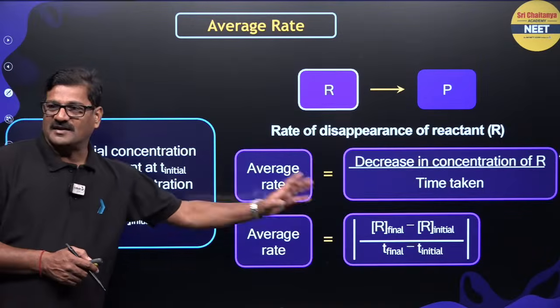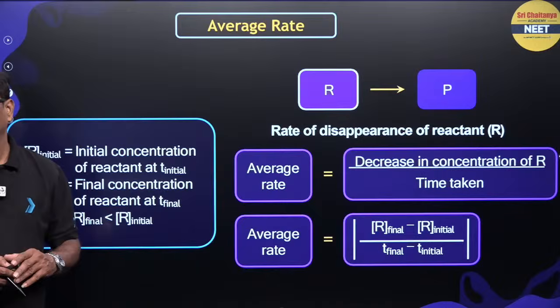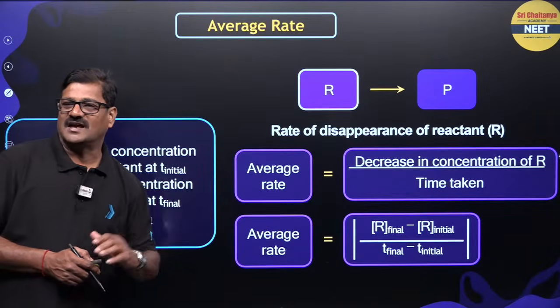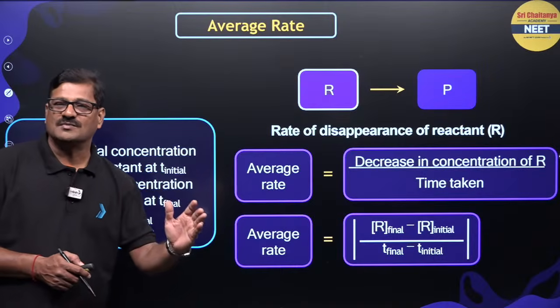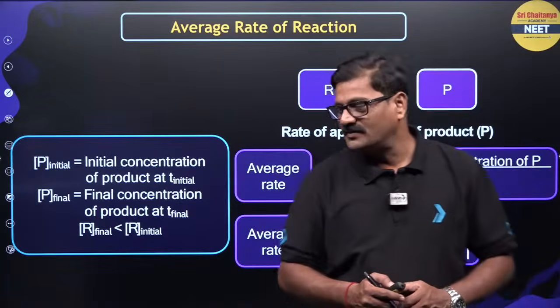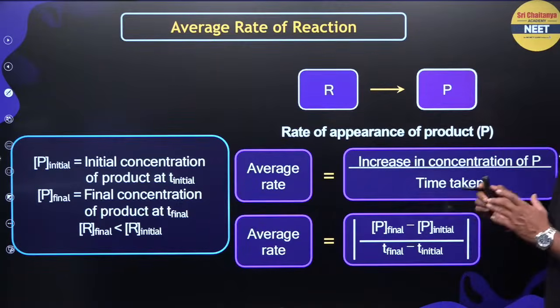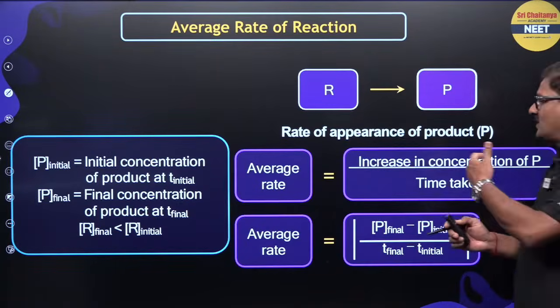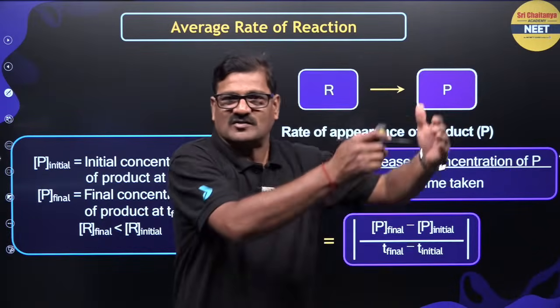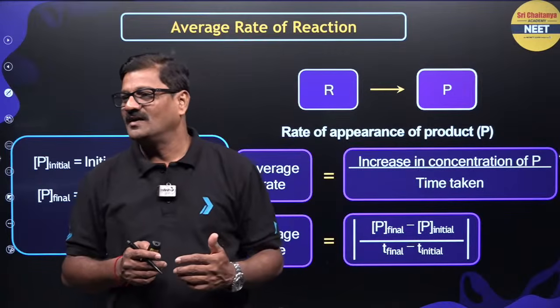Reactant concentration final minus reactant concentration initial upon time final minus time initial. So R2 minus R1 upon T2 minus T1. That is given, in terms of the product, as the rate of appearance of product. As the reactant is decreasing, the product concentration is increasing.